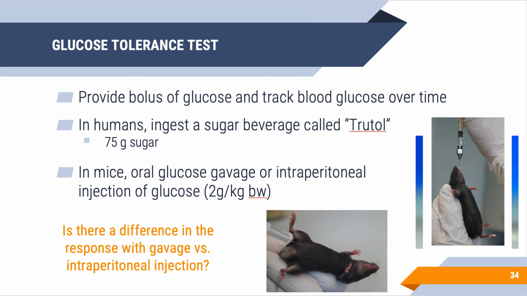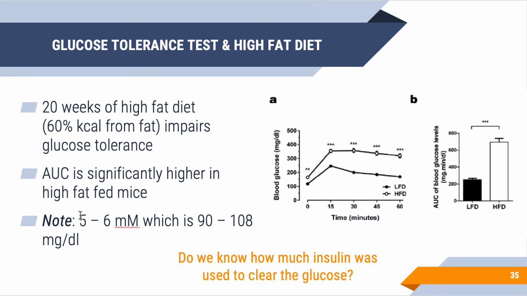The difference is that oral delivery of glucose stimulates an intestinal response with the release of incretins, which can stimulate insulin secretion, meaning that we would have a larger insulin response with an oral glucose gavage versus an intraperitoneal injection. Again, these are just some things to think about when we're talking about study design and research methods.